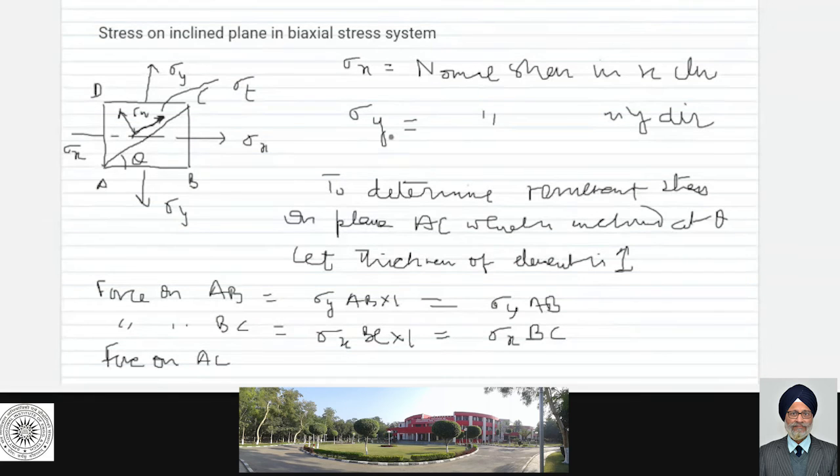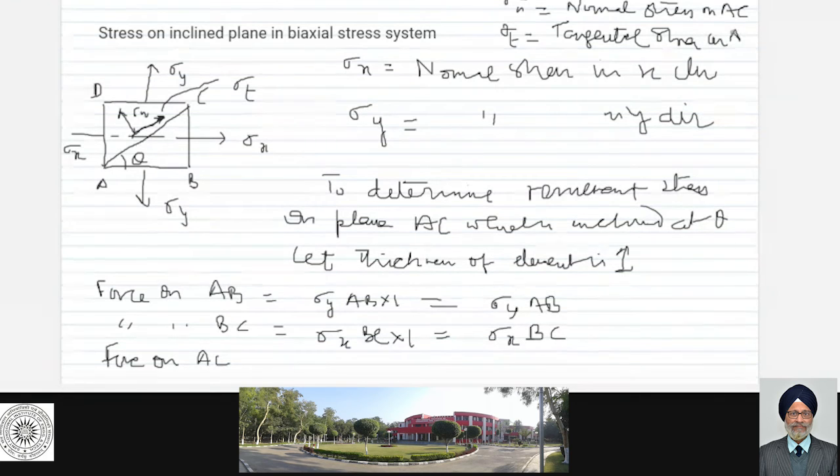Okay, so here you can write sigma n is the normal stress on AC, and sigma t is the shear or tangential stress on AC.